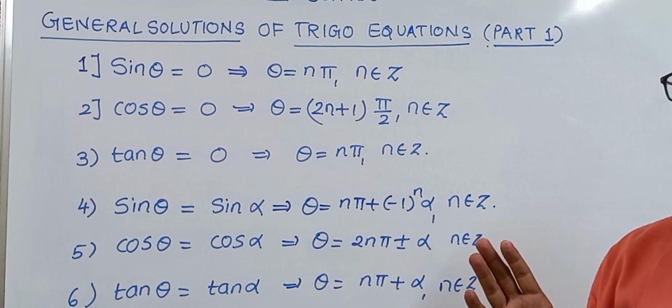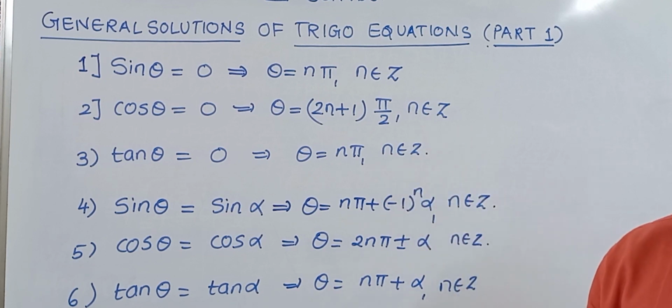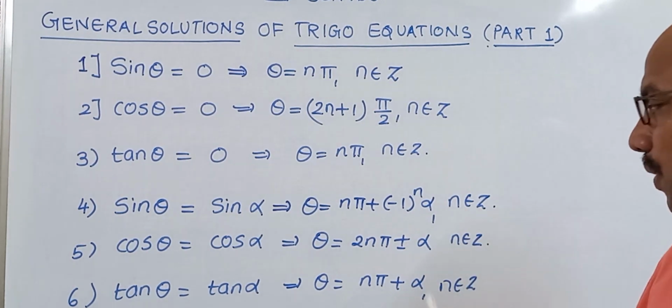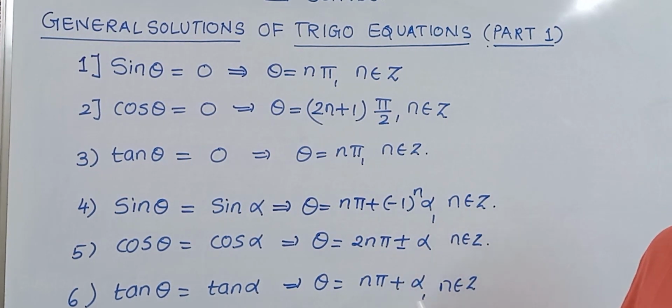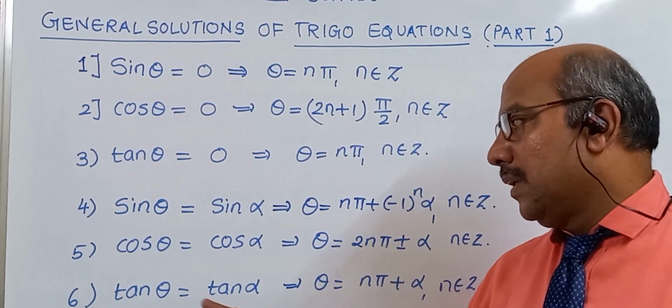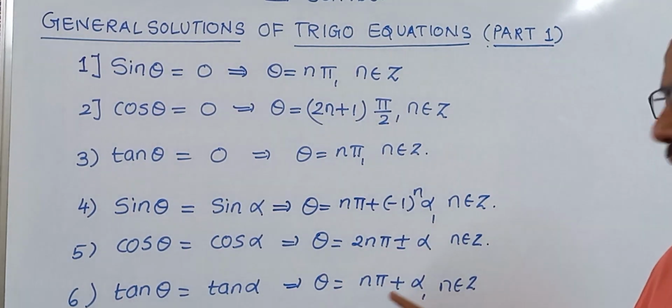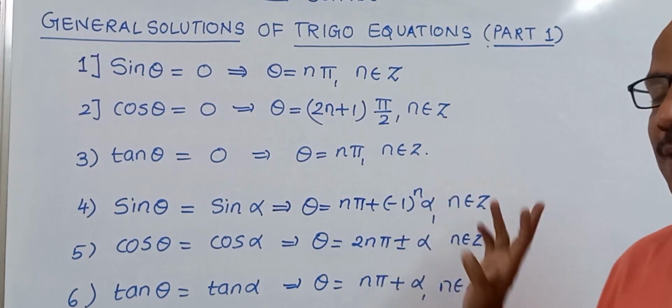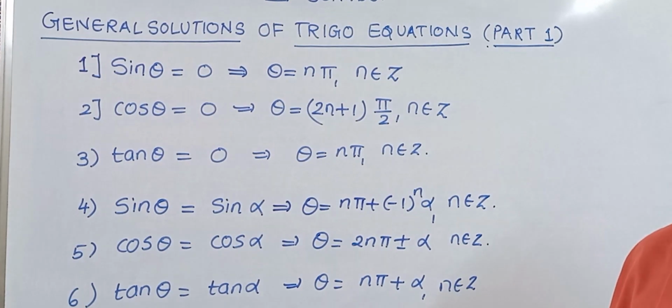So the solutions were theta and pi minus theta, and for tan, theta and pi plus theta. So look, only plus sign comes here. Theta equal to n pi plus alpha, plus will come, remember this. You have to take care here. Only in this formula do you have plus; otherwise you have plus minus.